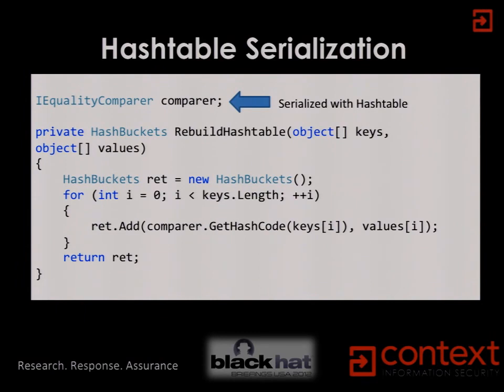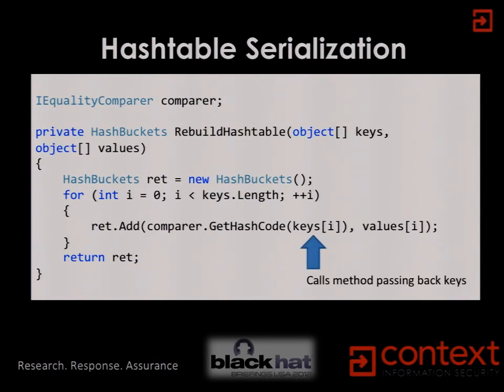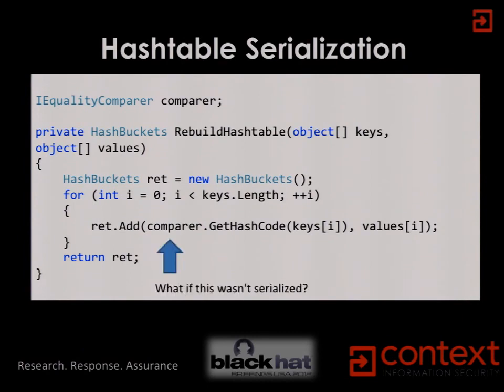And so it gets serialized with the hash table, because obviously once you get to the other side, you may want to use the same thing you used at the other side. And what it does is it goes through every single key in the collection and calls the GetHashCode method on this comparer, which is interesting. So what if this object was never actually serialized?